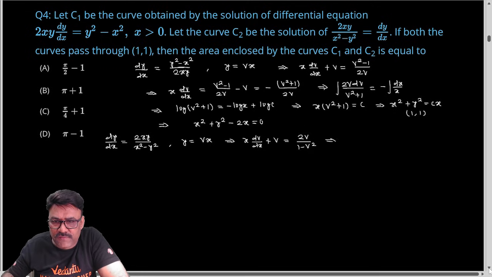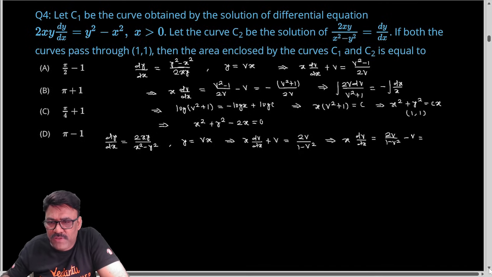Now I can write x dv by dx is (2v) over 1 minus v square and then minus v. If you simplify it, it becomes 2v minus v, which is v, plus v cube over 1 minus v square.